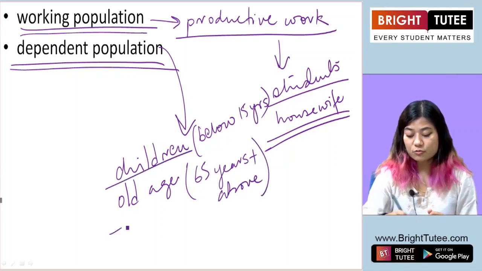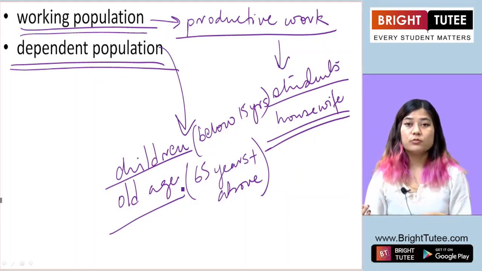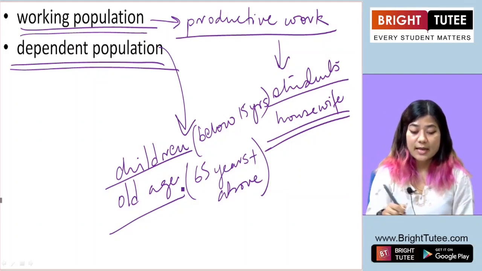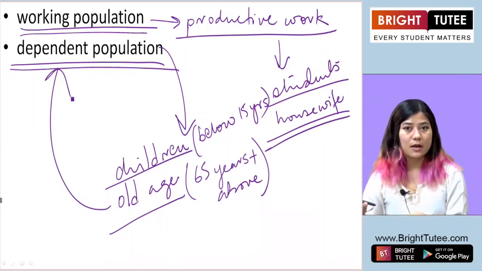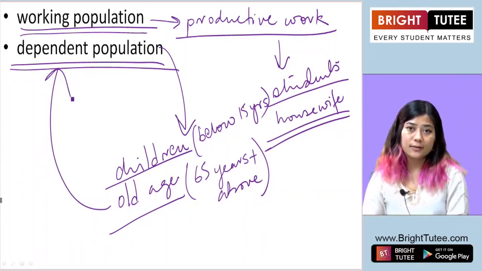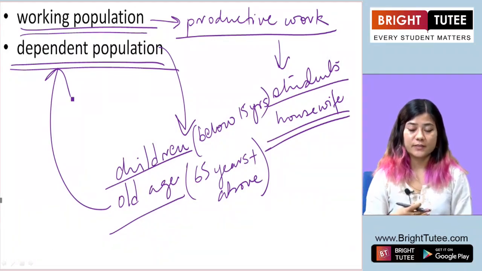These two groups do not take part in productive work, who do not produce goods and services. They belong to the dependent population because they have to depend on others for their consumption of goods and services.